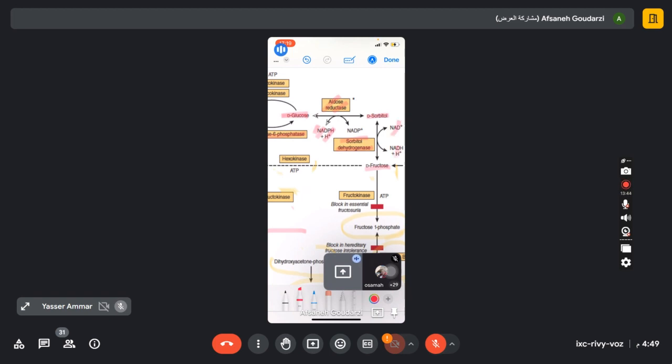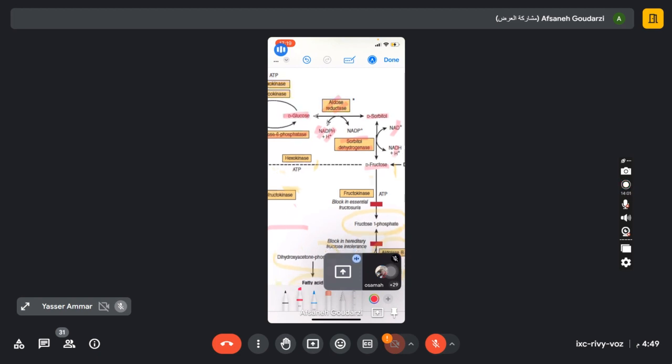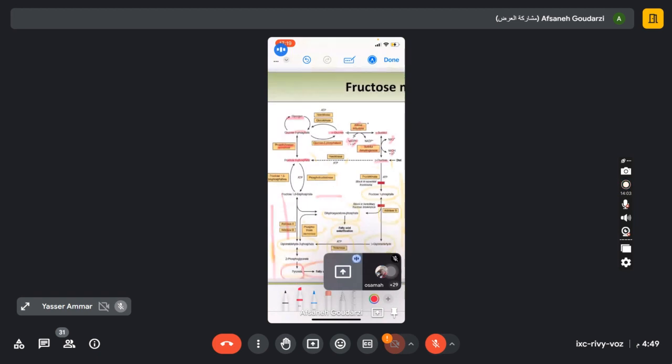NAD is reduced to NADH, because when we want to change sorbitol to fructose, we need to oxidize sorbitol. So in this pathway, you could see we can produce fructose from glucose in our body, okay?